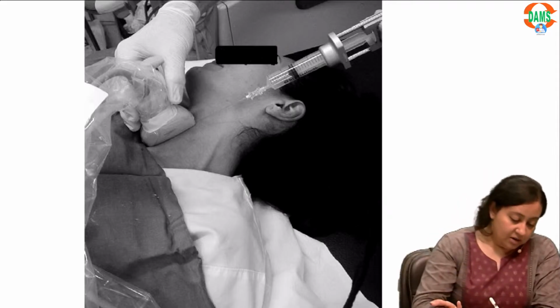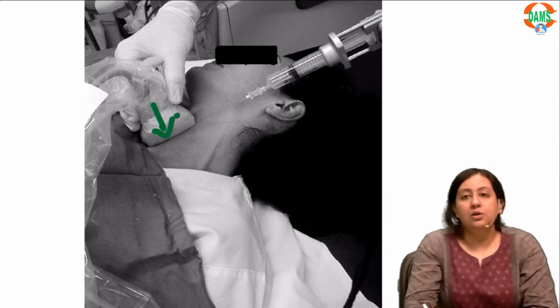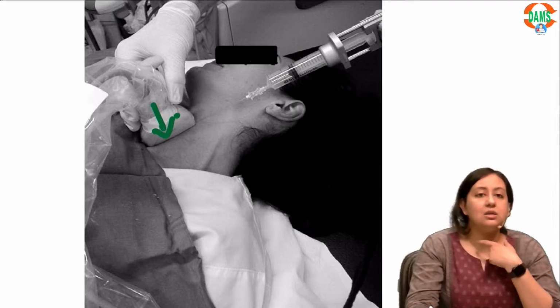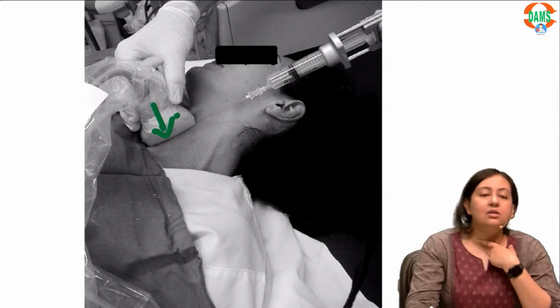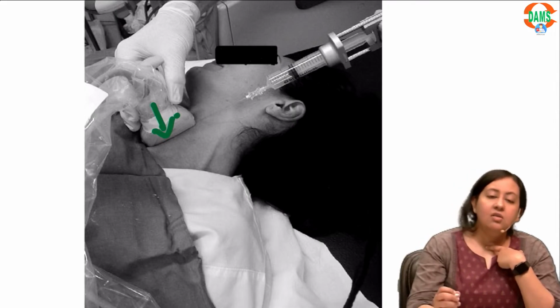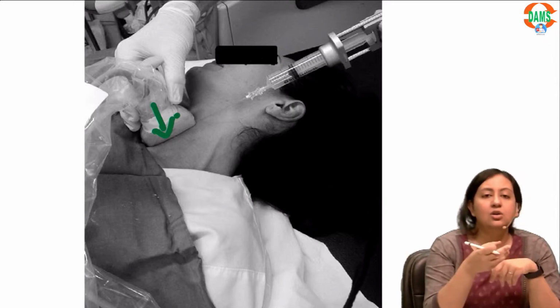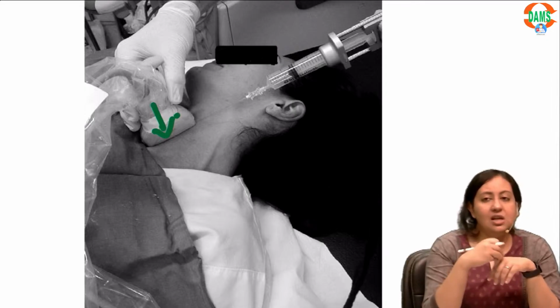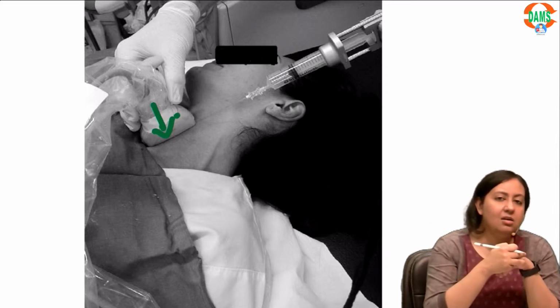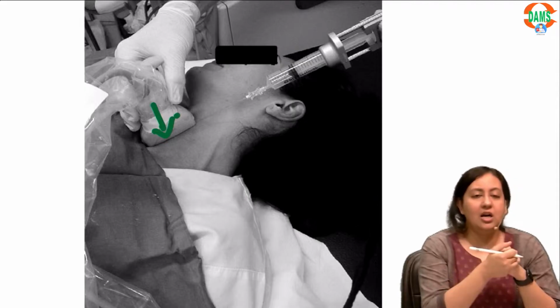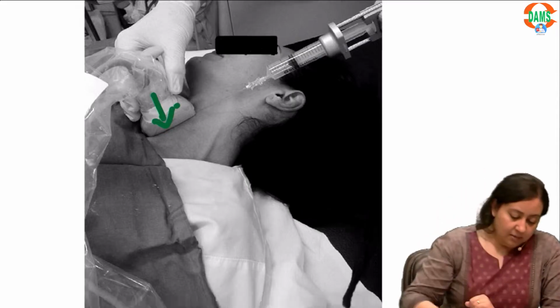You use an ultrasound probe, a USG probe, to localize the thyroid and the swelling present in the thyroid. Then you introduce a needle to do an FNAC. You collect those cells, send them for cytology, and then they'll give you back the report regarding the nature of the lesion.